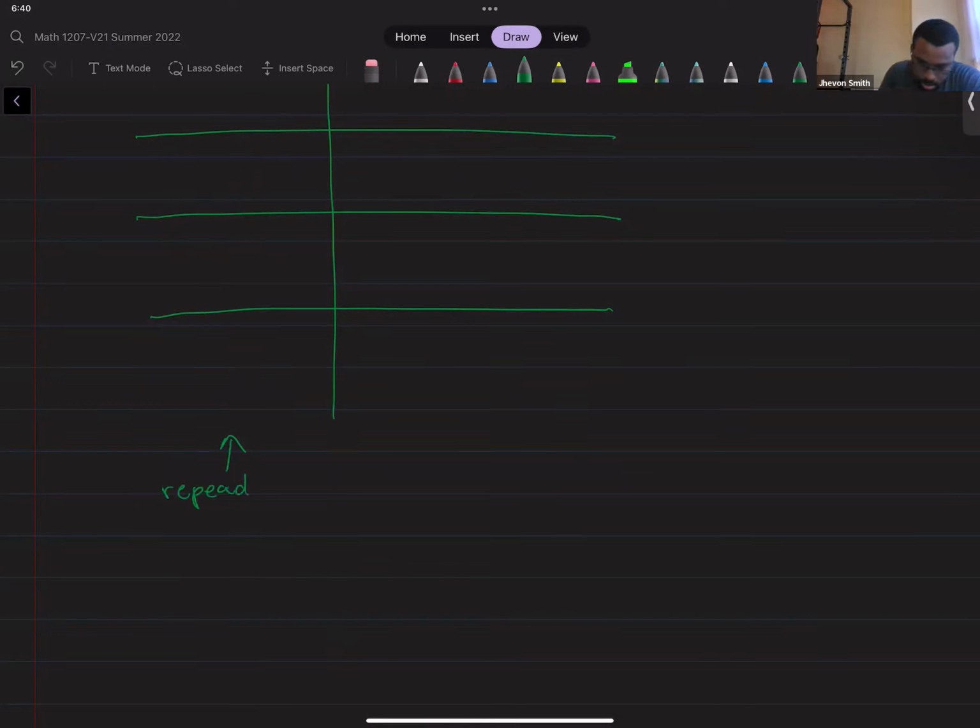Now, in the u column, repeatedly differentiate this column. And in the v column, you're going to repeatedly integrate that column.